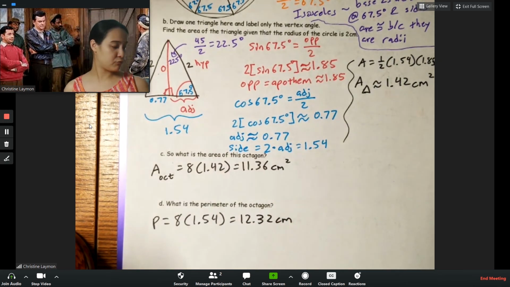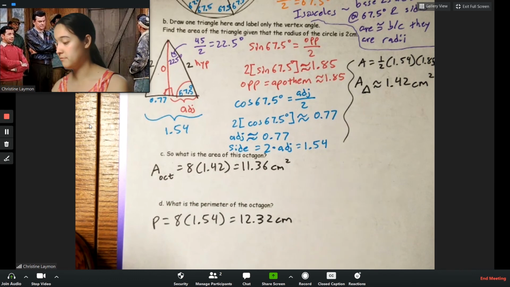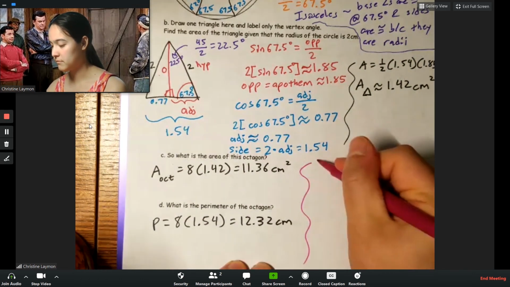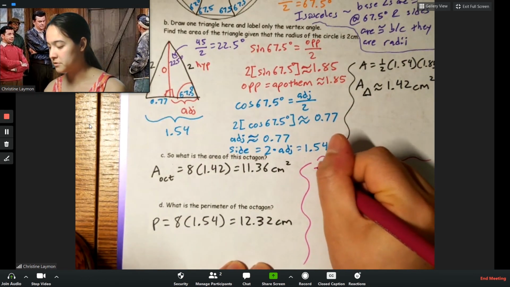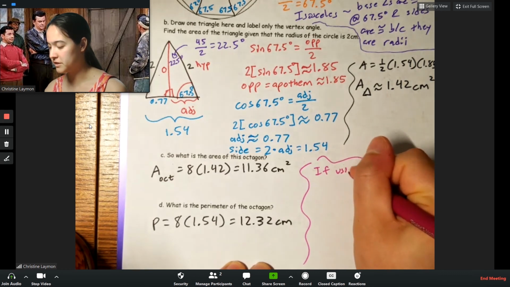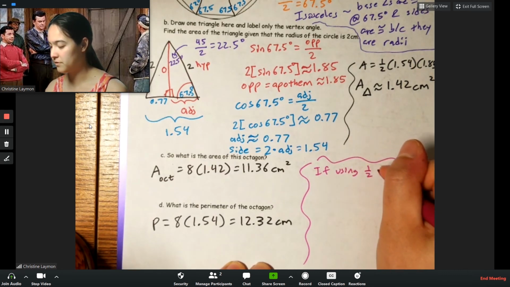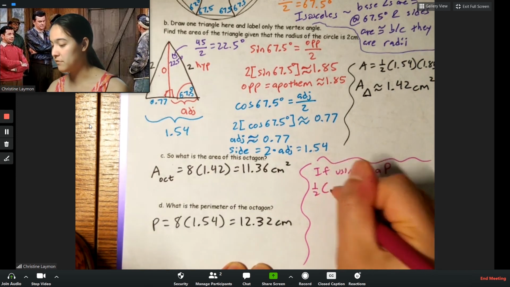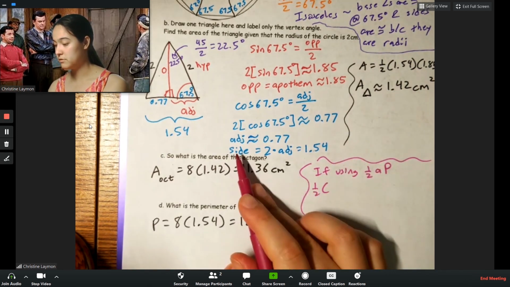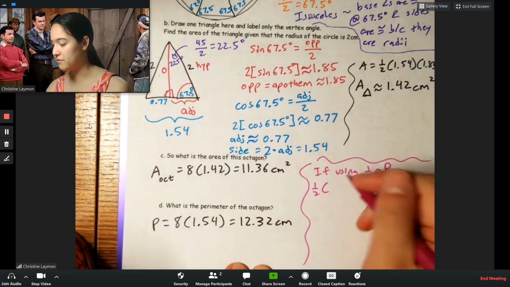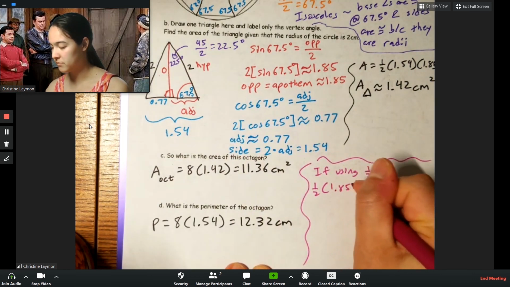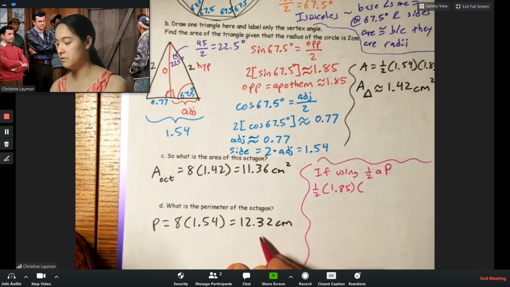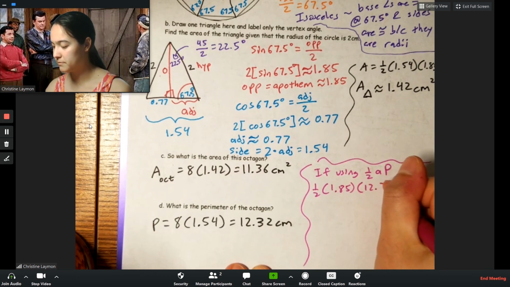And again, if you wish to use that other method, so if using 1/2 apothem times perimeter, you'd have 1/2 your apothem. So again, that's 1.85 times the perimeter of 12.32.